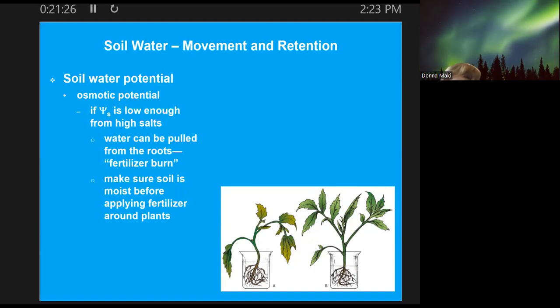Or they'll just say repot it with fresh potting soil, because especially in pots for your house plants, you're going to get a buildup of salts if you fertilize on a regular basis. Yes, the plant takes up some of those, but not all. And so in a very small pot like that, you have to be very aware that you could be causing fertilizer burn if you over fertilize and don't flush out the minerals now and then.